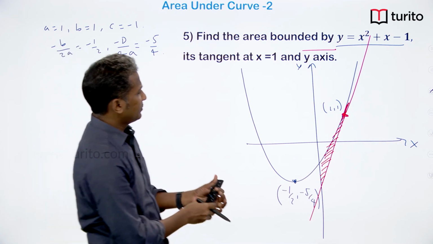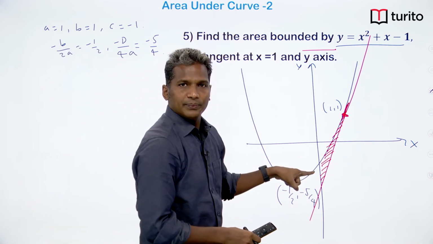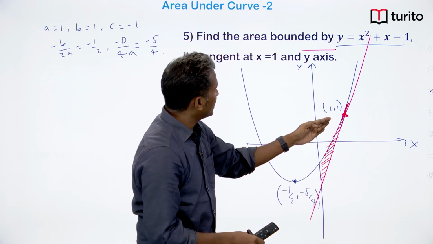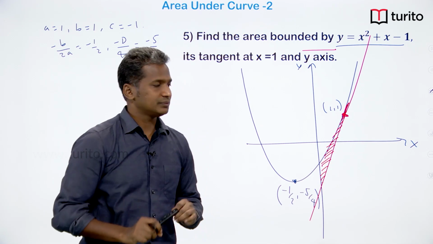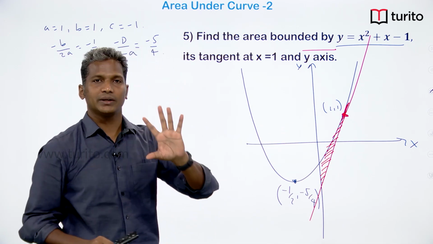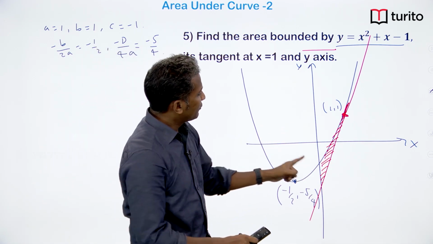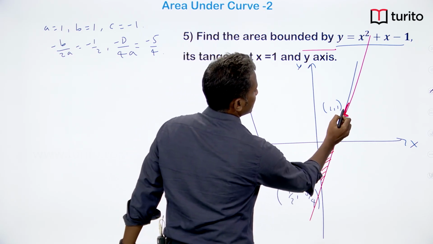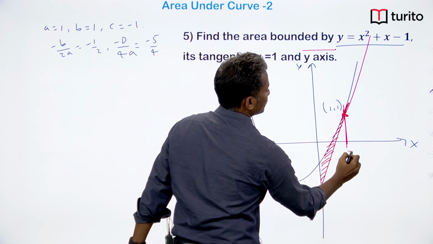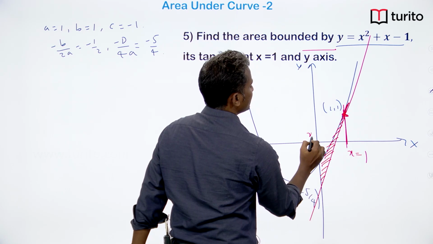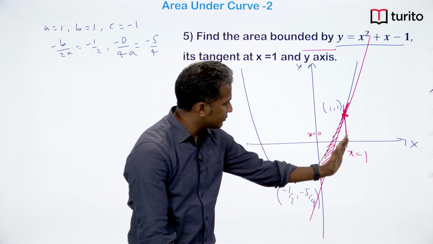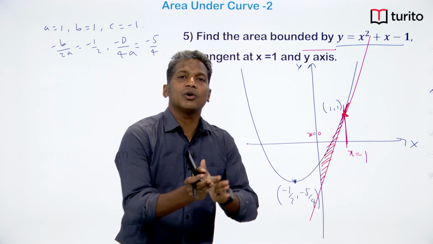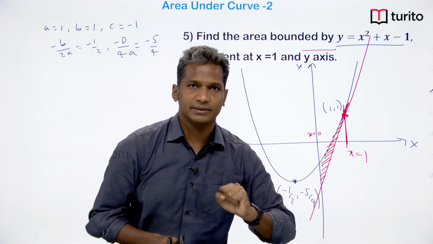If we observe the graph, because all three boundaries are actually closing the diagram, it is a closed diagram. From this y axis till here x equal to 1, y axis means it is x equal to 0. So from x equal to 0 to x equal to 1, both curves are already present in the entire region.